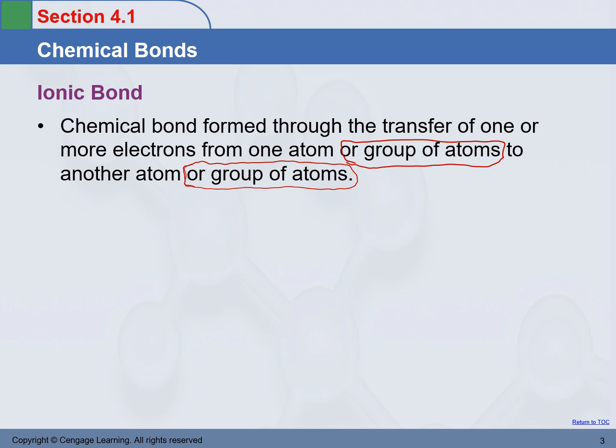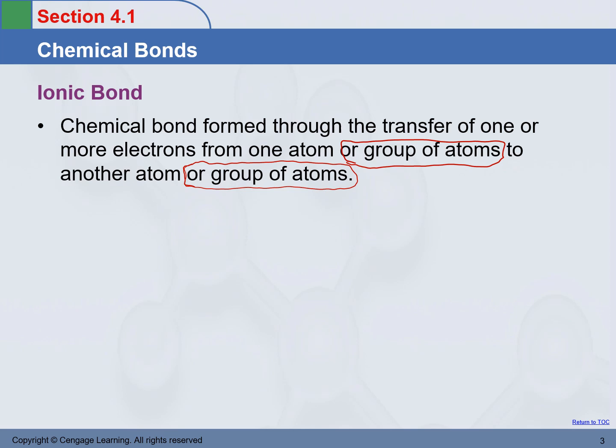Let's focus on the atom. So basically, this is telling us when electrons are transferred from one atom to another, there will be an attractive force generated between the two, and we call that attractive force ionic bond. Why? How? Why, when electrons are transferred, will an attractive force be generated between the two atoms?